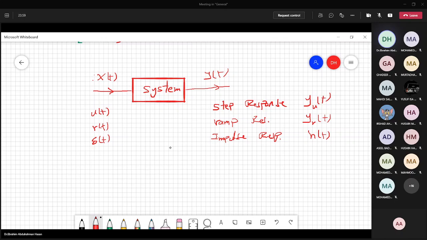As we said, if you remember here, this is ramp, this is u, and this is delta.